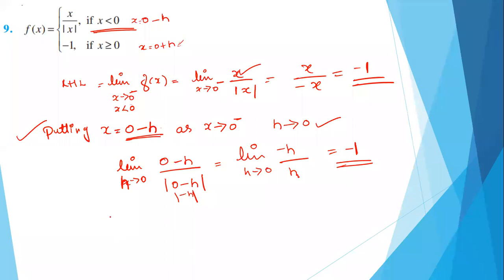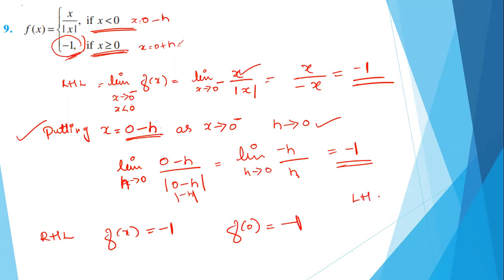What will be the right hand limit? Directly we can write, for x greater than 0 the function f of x is minus 1. And what will be the function value at x is equal to 0? At x is equal to 0, again we have minus 1.